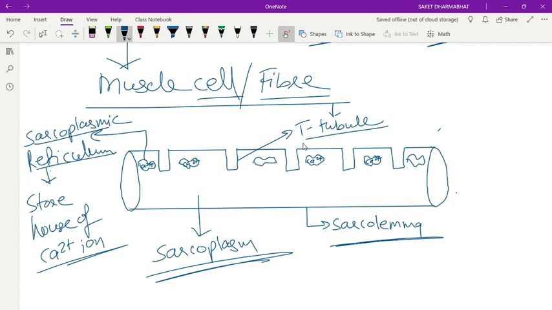Now one more thing regarding the muscle fiber cell. All cells in our body have only one nucleus, but the skeletal muscle cell has more than one nucleus. That's why skeletal muscle is called syncytial. Cardiac muscle and smooth muscle are uninucleate, having only one nucleus.